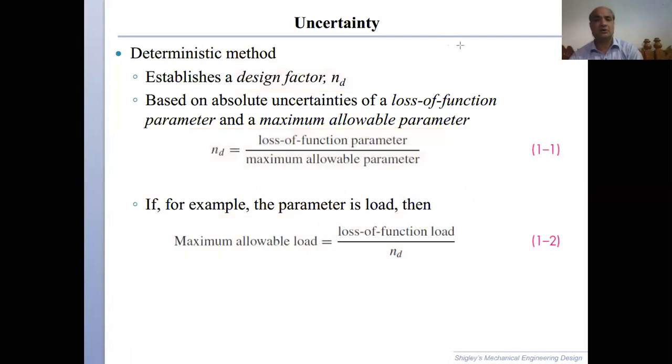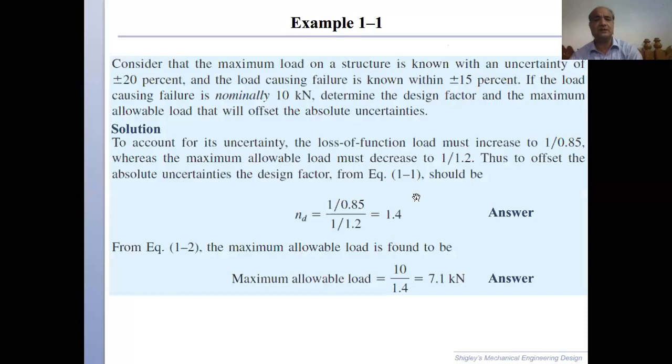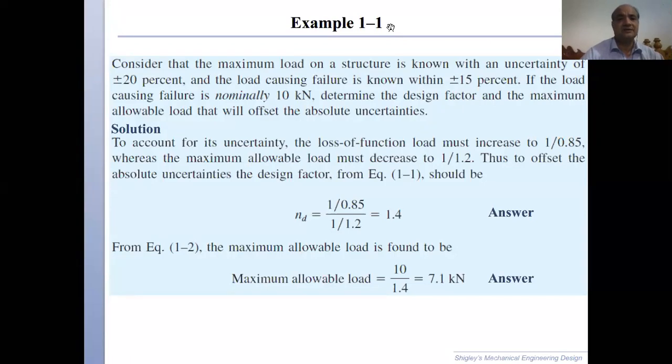We also did an example in which there was uncertainty about the maximum load on the structure and the load causing failure. There was also uncertainty in that, which was plus minus 20% and plus minus 15%. You can take away this uncertainty by calculating the design factor.